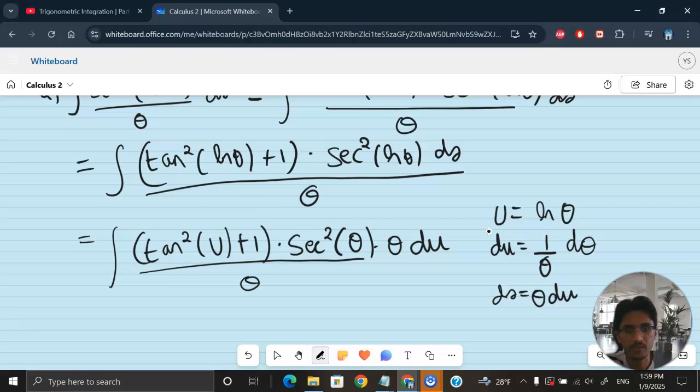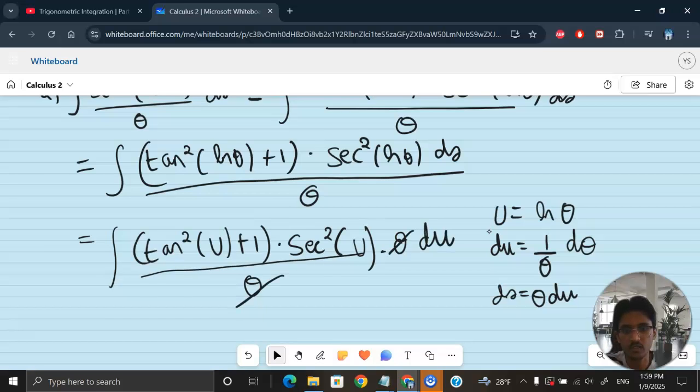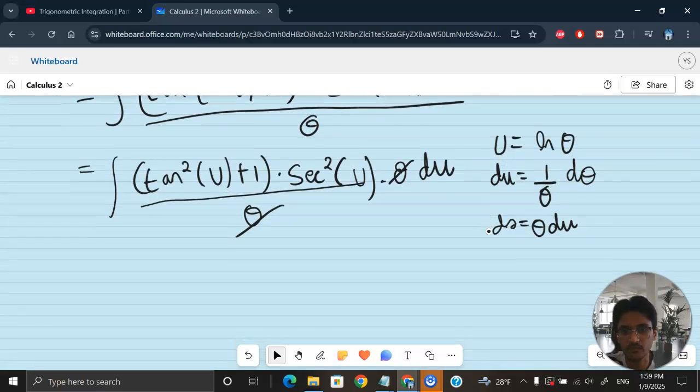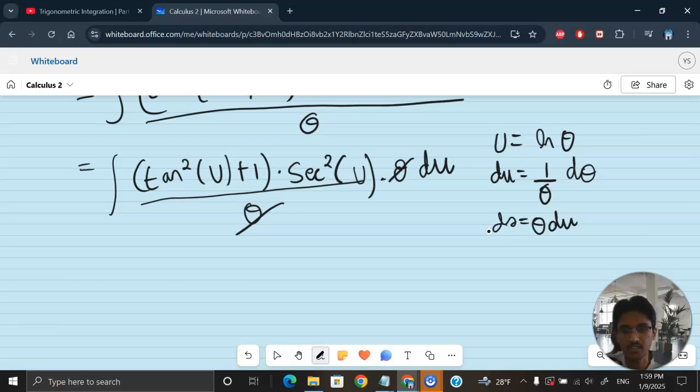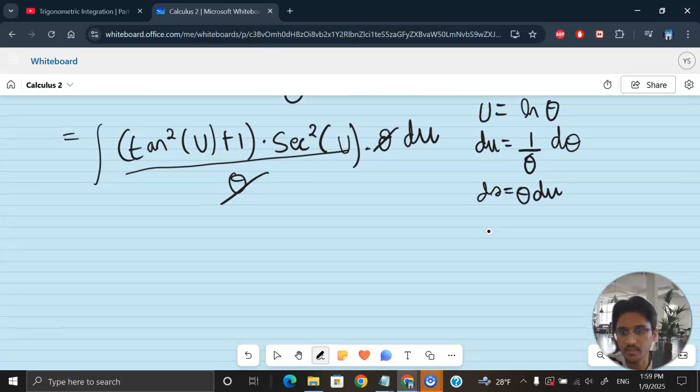It's a tiny mistake, we've got to put u over here because that's our u sub. So theta times theta du. So we cross out the thetas. What are we left with? Tan square u plus 1 times secant square u du. Okay guys, so that is our answer so far.